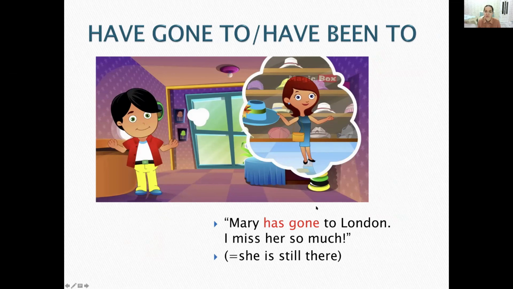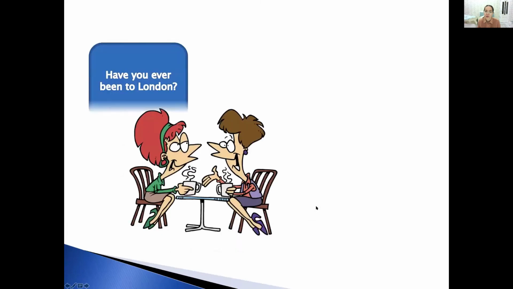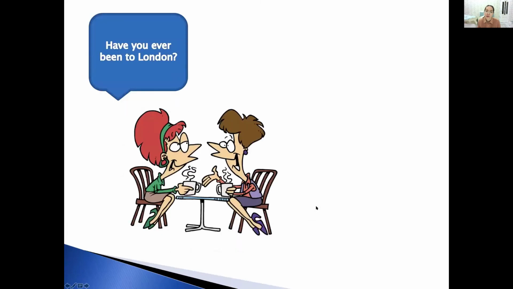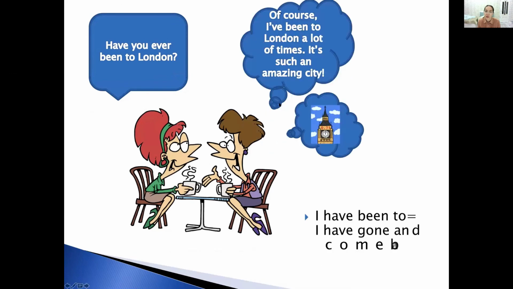Okay? And what about have been to? Have you ever been to London? For example, the question here. Of course, I've been to London a lot of times. It's such an amazing city. So I have been to means you have gone and come back. Okay? And you're talking with your friends about it.